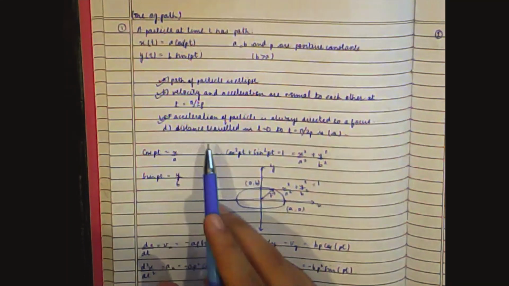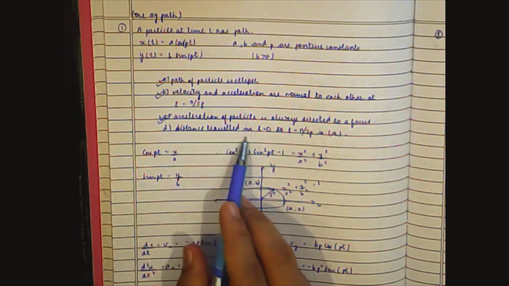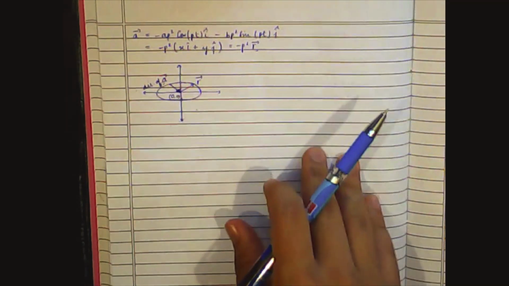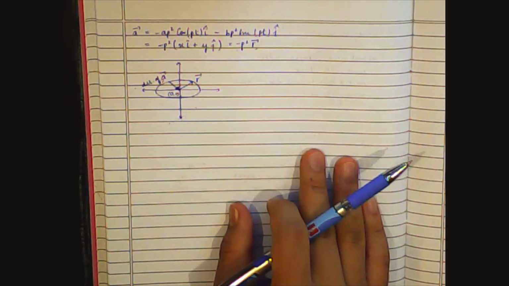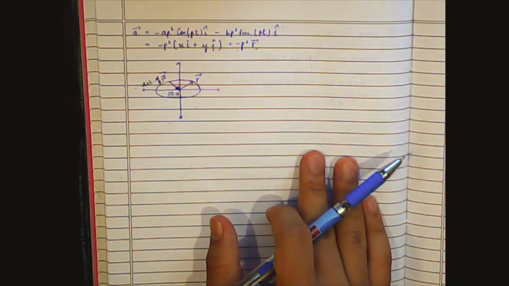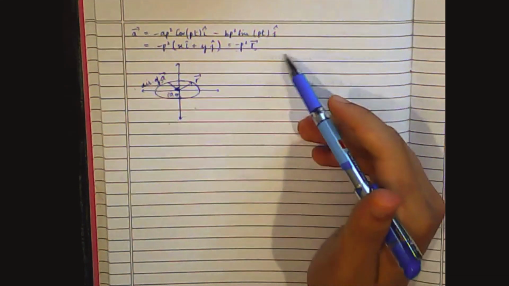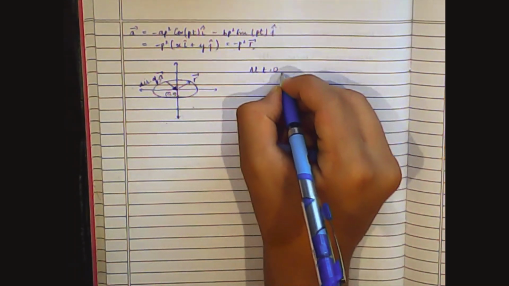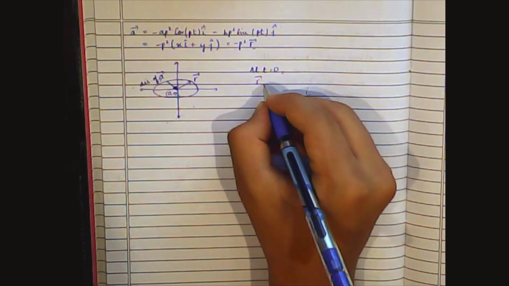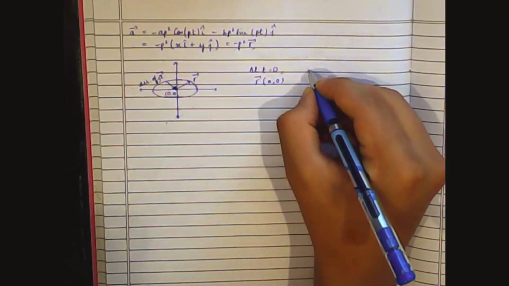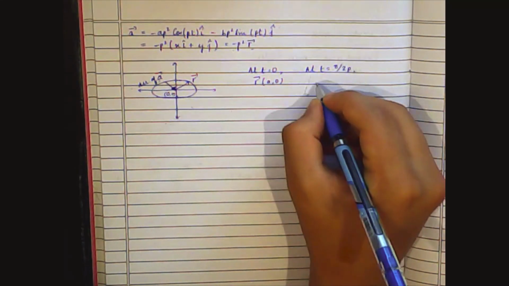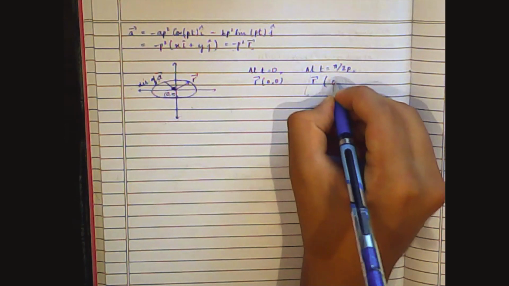Now the fourth one is distance traveled in t equals 0 to t equals pi by 2p is a. Now let's try this out. Distance traveled. Okay, so we know that at t equals 0, the particle r vector is a comma 0, and at t equals pi by 2p it is at 0 comma b.